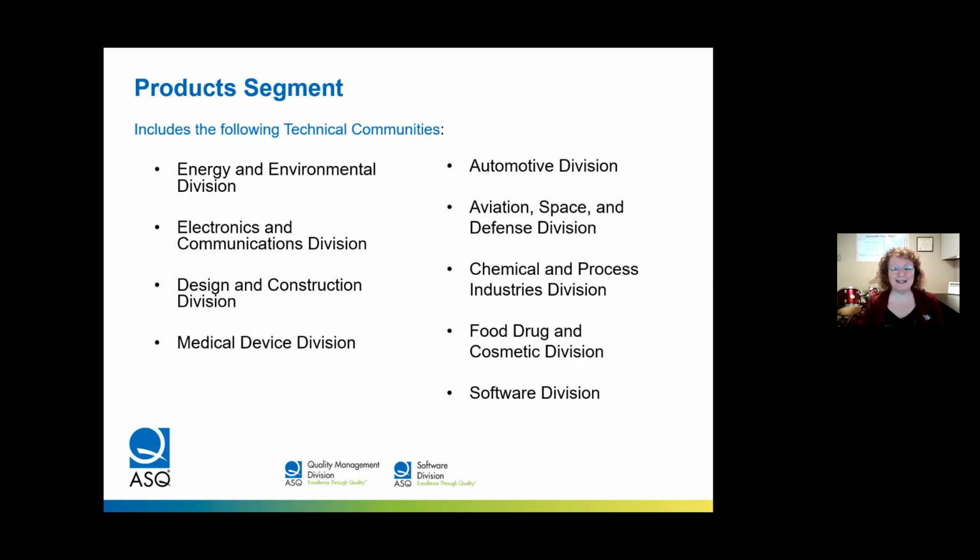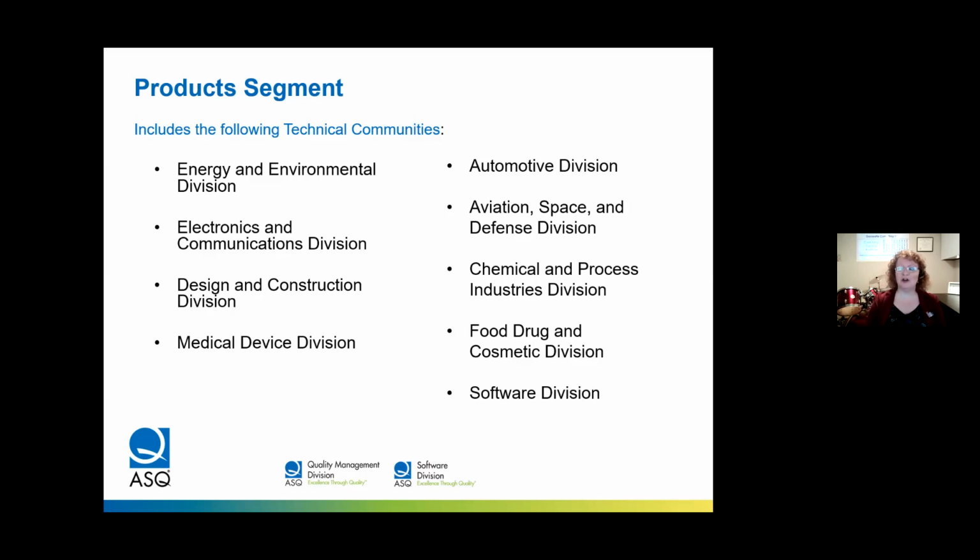Our design and construction division include architects, engineers, designers, construction managers, contractors, safety engineers, facility managers, and other quality professionals that have a specific interest in this industry, okay? Our medical device division was formerly called, you might remember it as, biomedical.